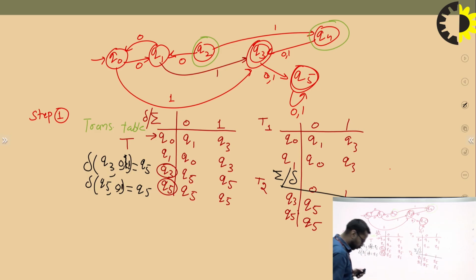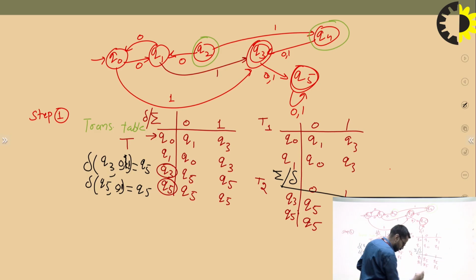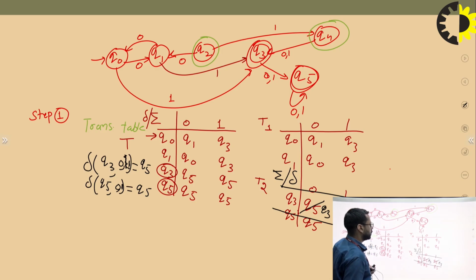That means in both cases the rows are common. So we will remove this row, and we will replace Q3 by Q5 in the whole transition table.